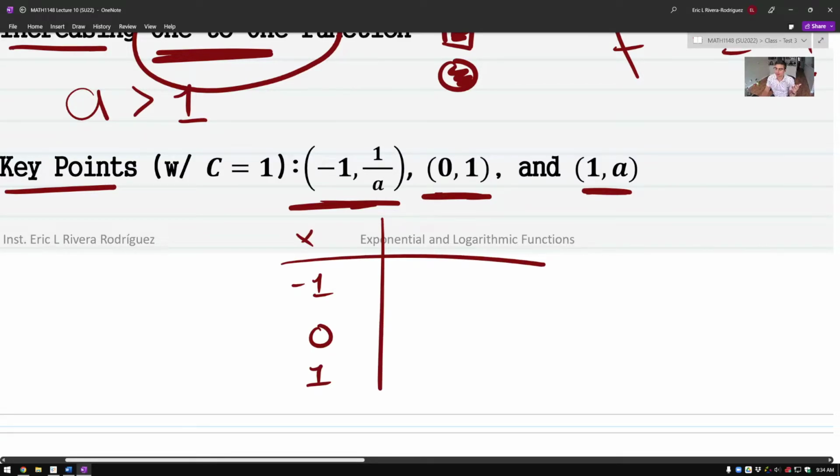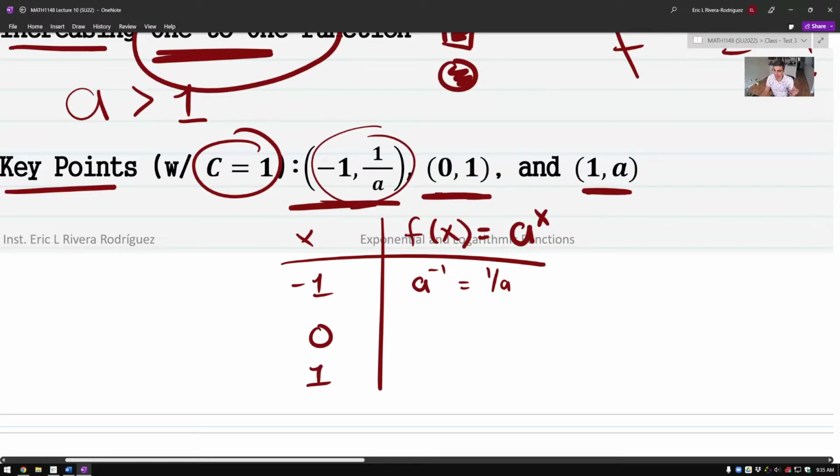I'm using c now equal to 1, so I have a raised to the power of x. When x is -1, using the law of exponents, that brings a into the denominator, so we get the reciprocal.